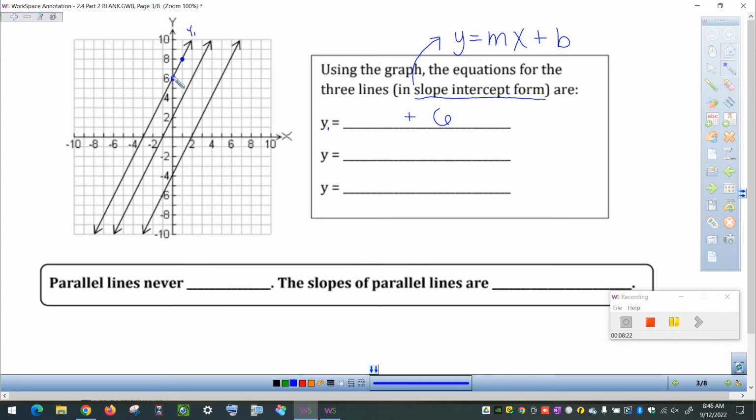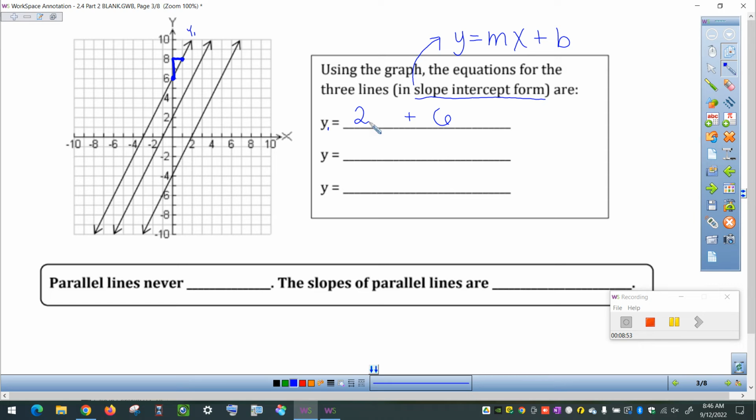So going from one point to the next, notice how we're going up 2 spaces. So the rise is 2, but then we're only going over 1 space. So the run would be 1. So technically to write this out, it would be 2 over 1, but that's really just the same thing as 2. So if you wanted to write the fraction as just a 2 instead, you can do that, but technically it's 2 over 1.